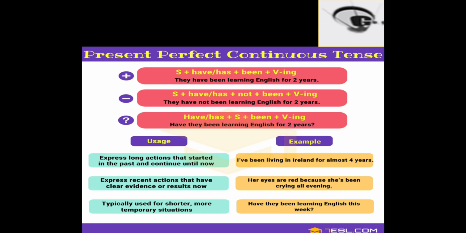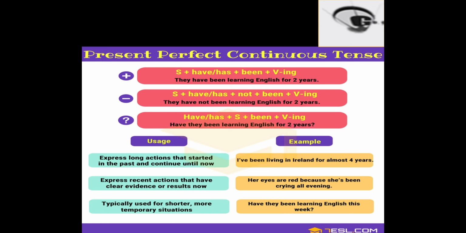Now we use present perfect continuous tense to express long actions that started in the past and continue until now. For example, I have been living in Ireland for almost 4 years. It is also used to express recent actions that have clear evidence or results now.